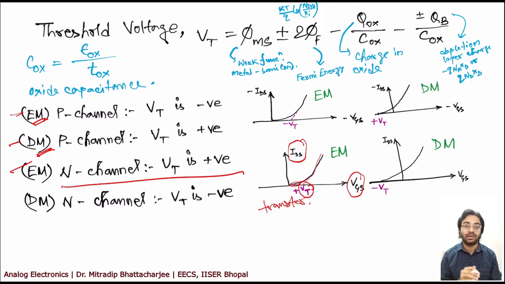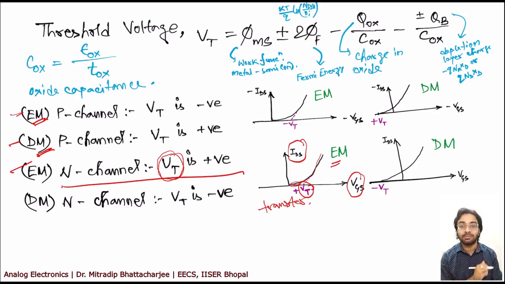From now onwards we will not use VT as thermal voltage. In this case, VT is threshold voltage. Previously, VT was thermal voltage; I mentioned it every time I used VT previously, but from now onwards we'll use VT as threshold voltage. This is called threshold voltage in case of enhancement mode.